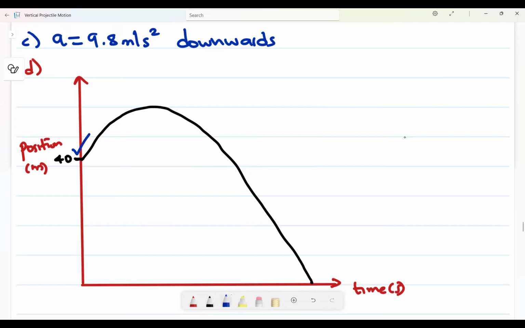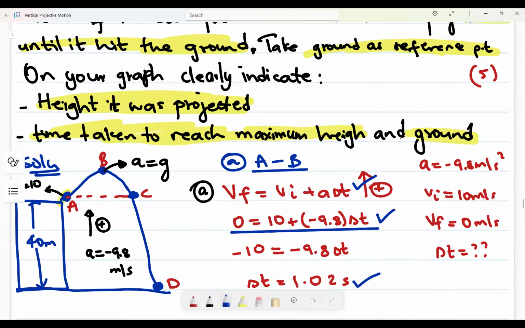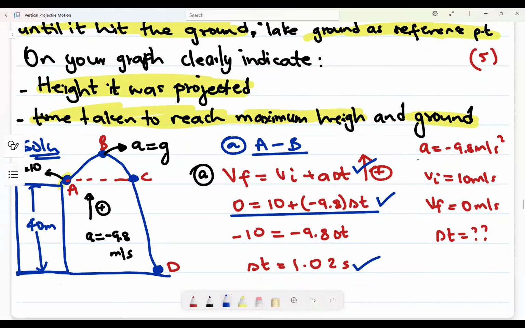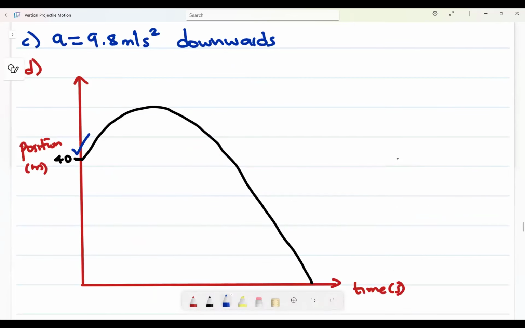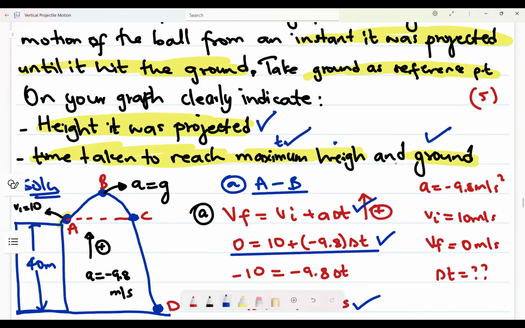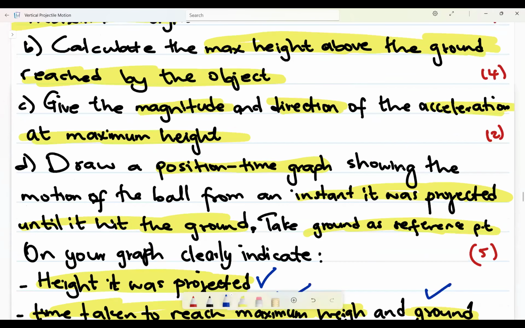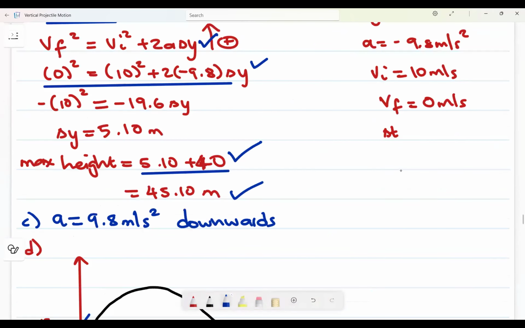You're going to get a mark for showing the height it was projected from. The second mark is for showing the time at maximum height and the time at the ground.